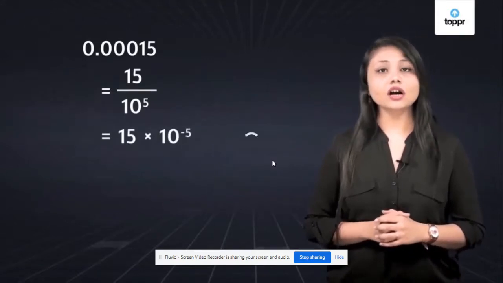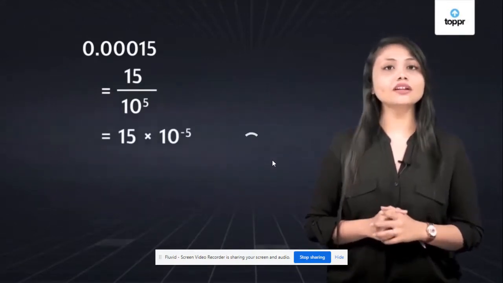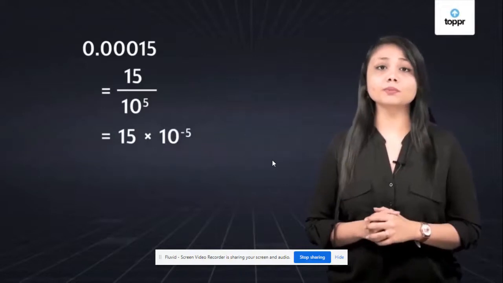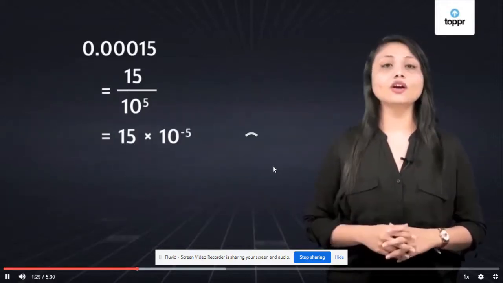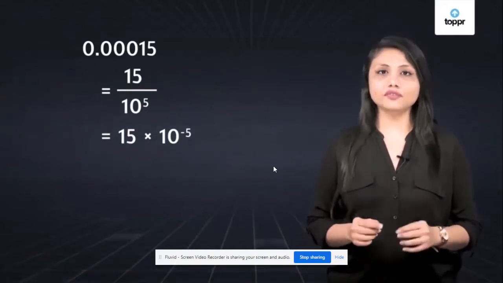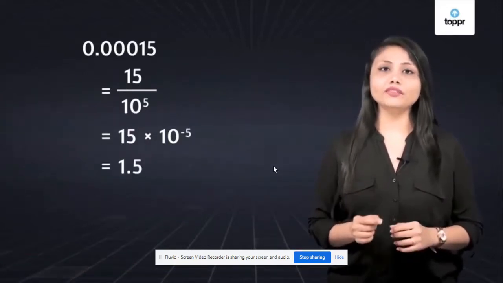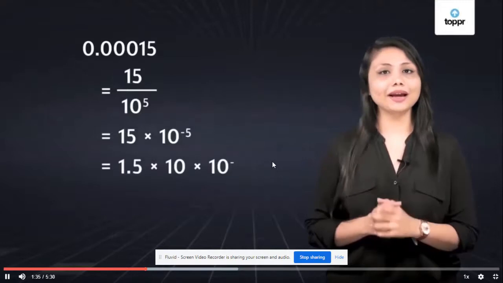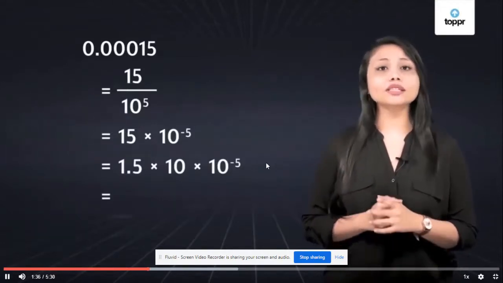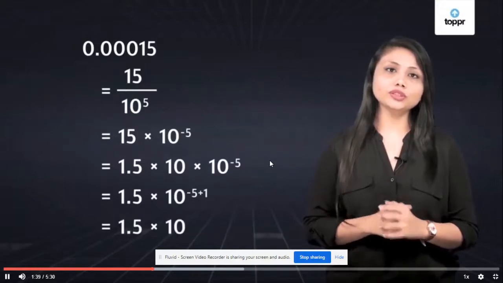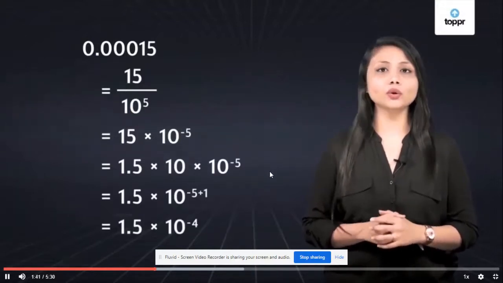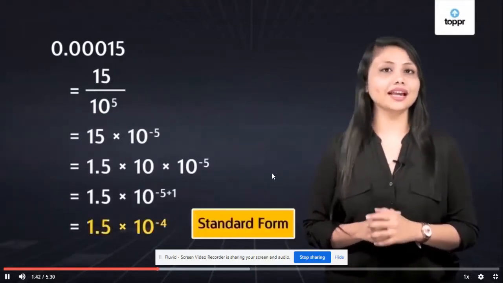However, according to the definition, the standard form of a decimal number should be between 1.0 and 10.0. For this, we can write 15 as 1.5 times 10. On simplification, we get 1.5 into 10 raised to the power of minus 4, which is in the standard form.